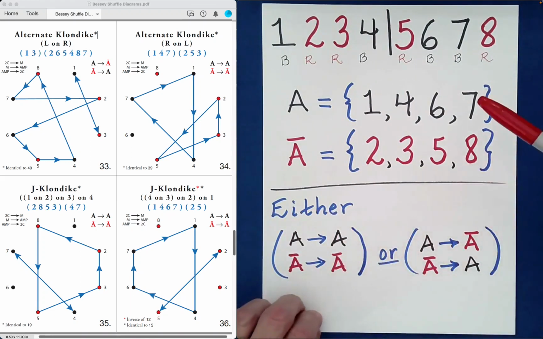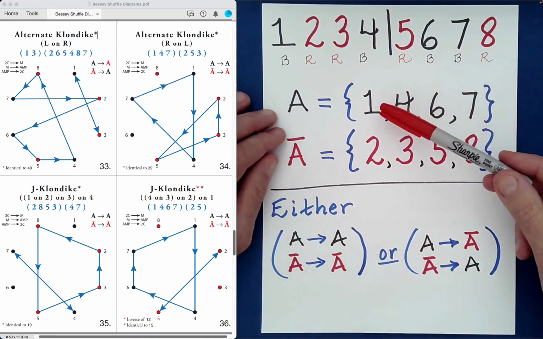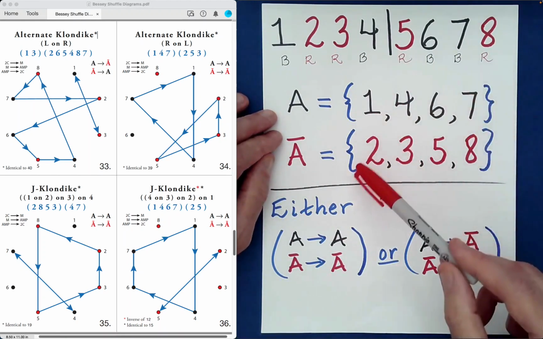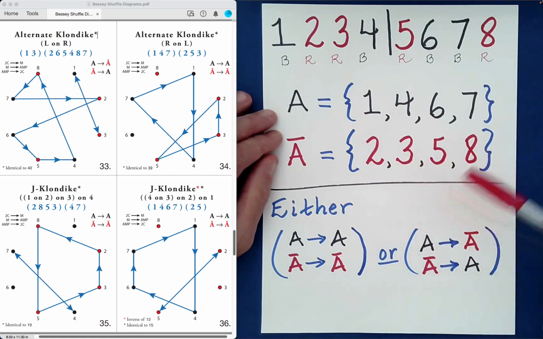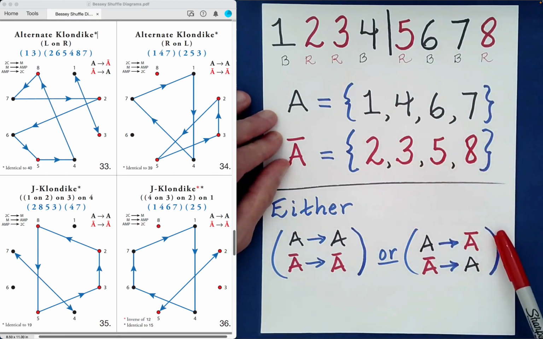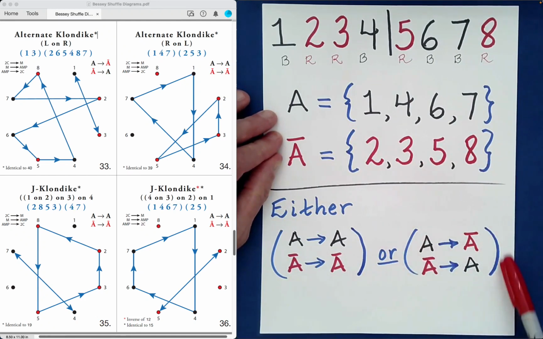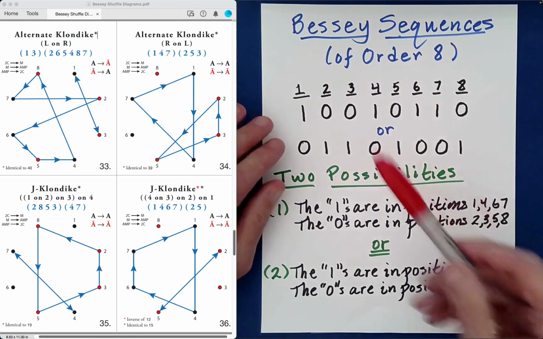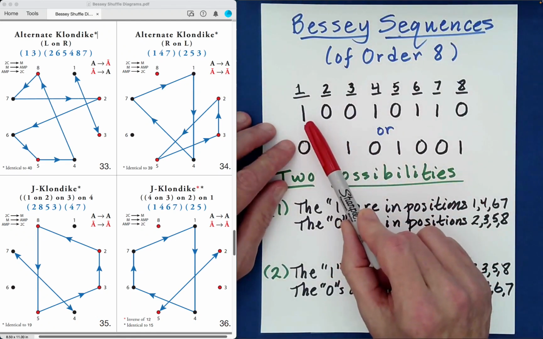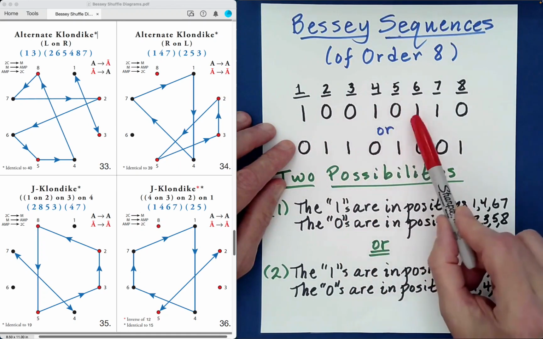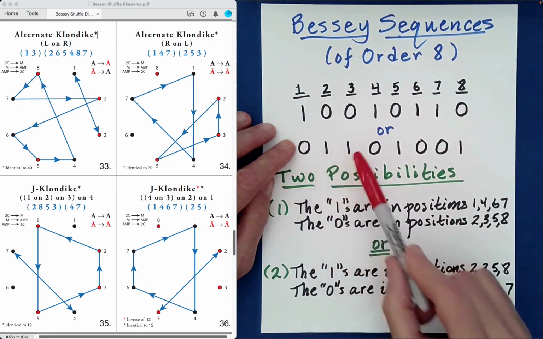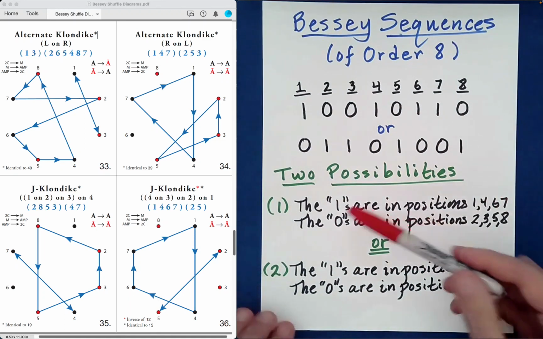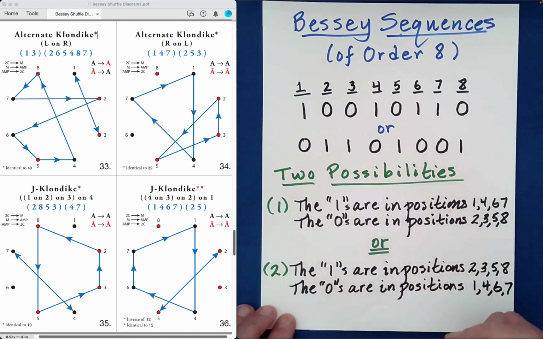On the other hand, if the cards that began in positions 1, 4, 6, 7 move to positions 2, 3, 5, 8 in some assignment, then we say an inversion of the sequence has occurred, and we represent it this way. Finally, recall that our Bessey sequences 1, 0, 0, 1, 0, 1, 1, 0, and 0, 1, 1, 0, 1, 0, 0, 1 each satisfy one or the other of these two cases here.